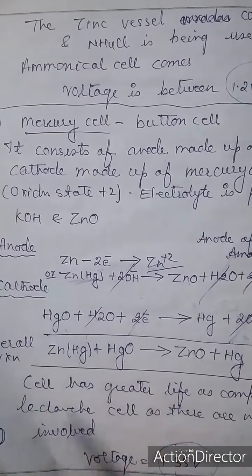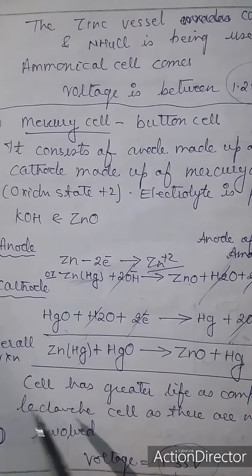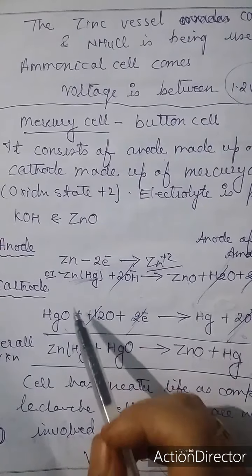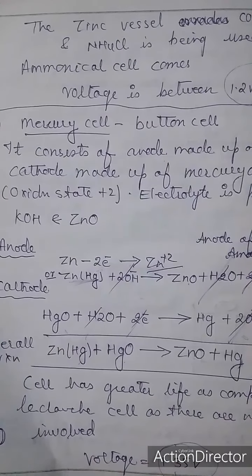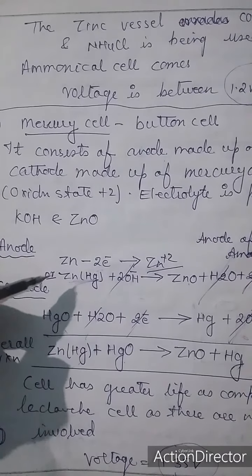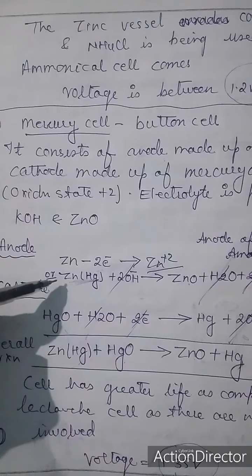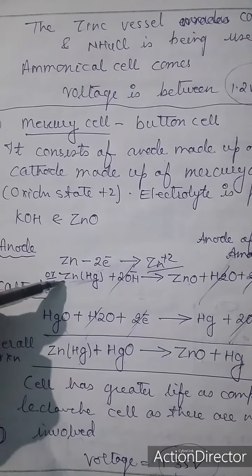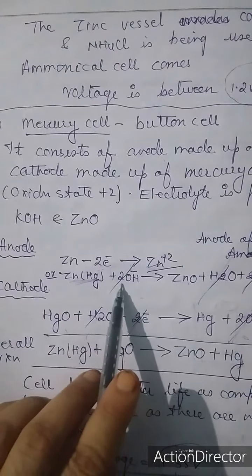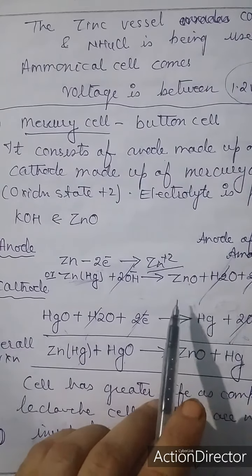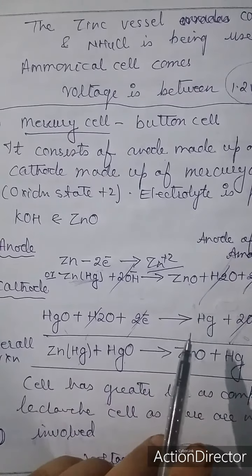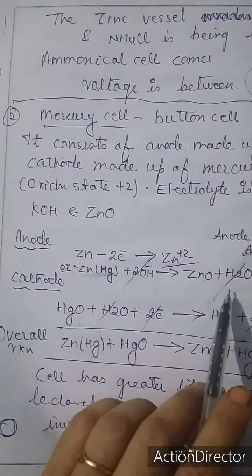Now in anode there will be oxidation, which you can show like this, that is zinc undergoing oxidation to give you Zn+2, or you can show zinc mercury also in presence of KOH, OH, giving you ZnO and water.